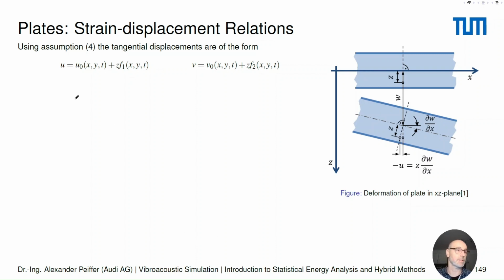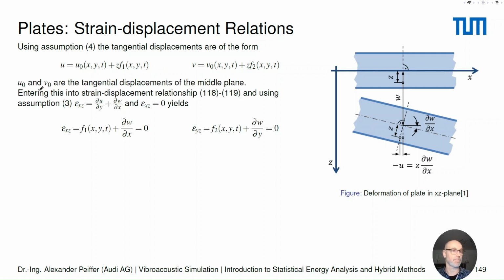As mentioned, assumption number 4, we assume that there is a linear relationship between the in-plane displacement and the thickness z, and this function is supposed to be f1 and f2. Good. So these are the tangential displacement or the in-plane displacement of the middle plane. And we can enter this into our well-known stress-strain relationship.